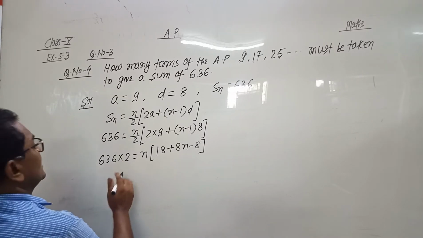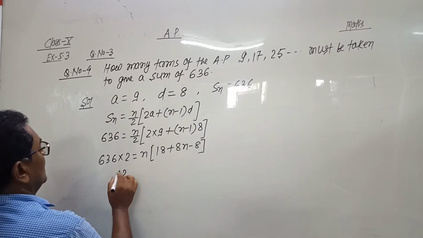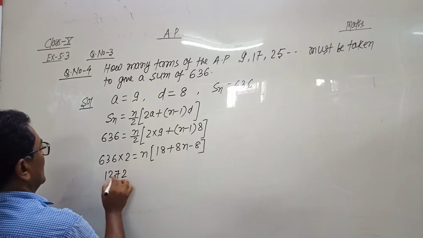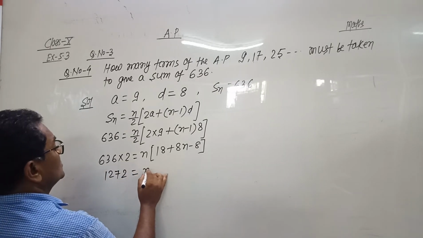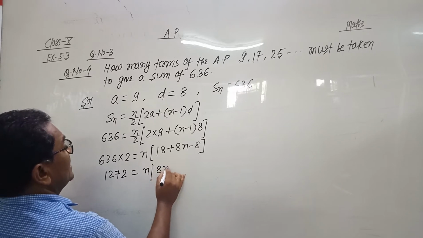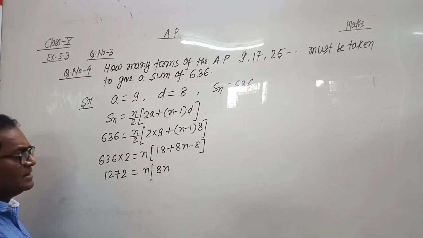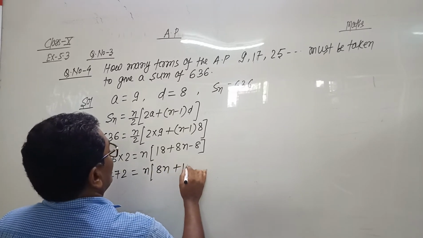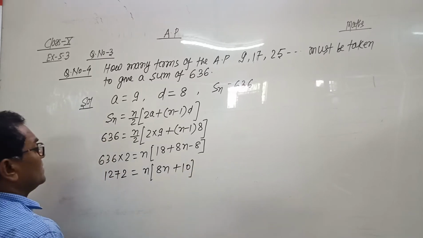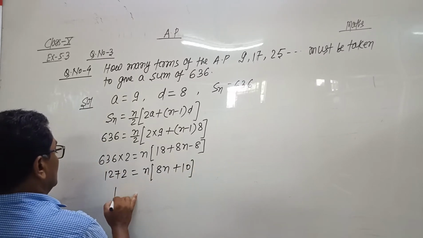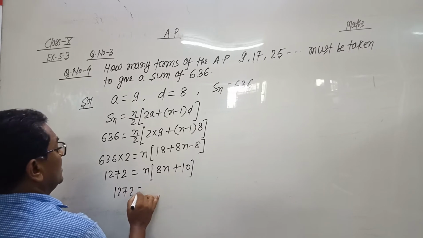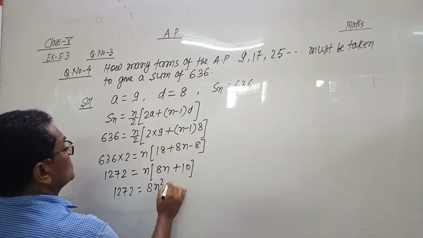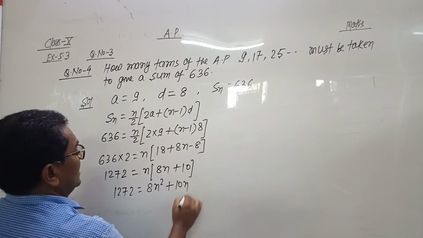Then 636 into 2 is 1272 equals n into (8n plus 18 minus 8), which gives plus 10. So 1272 equals 8n square plus 10n.